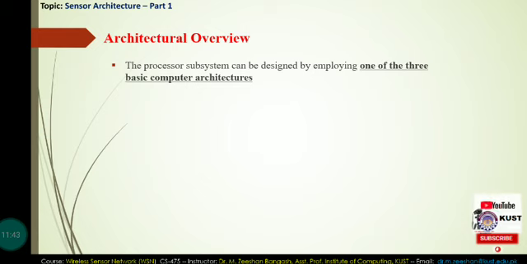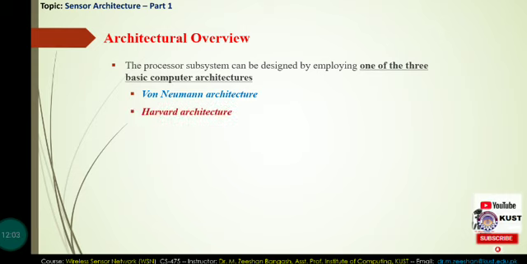The processor subsystem in a sensor network should be based on one of the three basic computer architectures. We have already read about these architectures in computer architecture and assembly language.